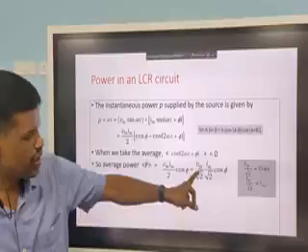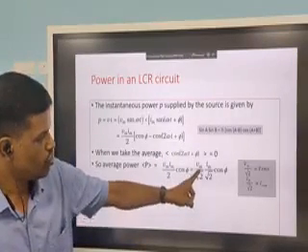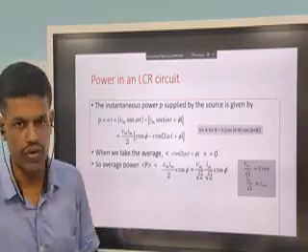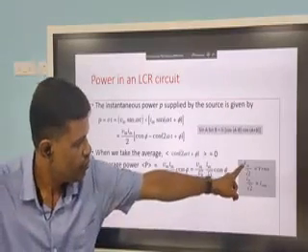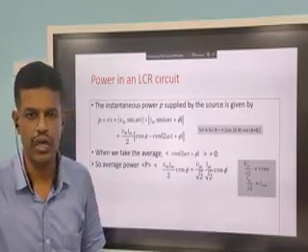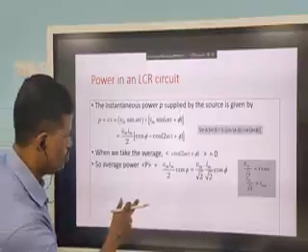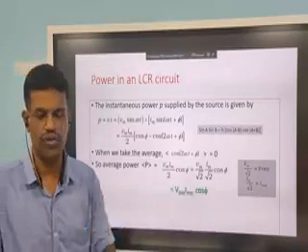which is again written, for our convenience, as Vm by root 2 times Im by root 2 into cos phi. What is the advantage of this? Vm by root 2 is Vrms, Im by root 2 is Irms, the RMS values. So, power is equal to Vrms Irms cos phi.